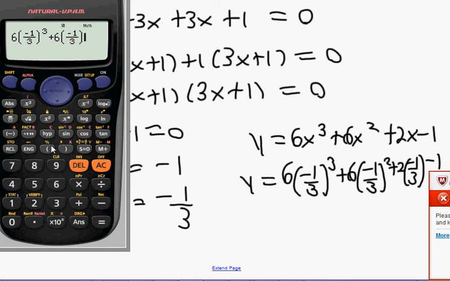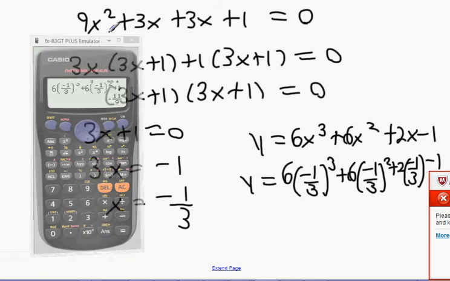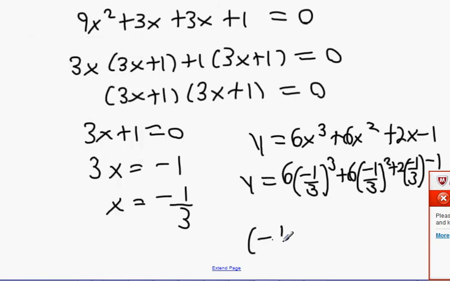If you beat me to it, perfect. Plus 2 times minus a third. And then finally move it over. Did you get it? Okay, I'm the first one there, so minus 11 over 9. Anybody else? Okay, so this point is the point minus a third, minus 11 over 9.